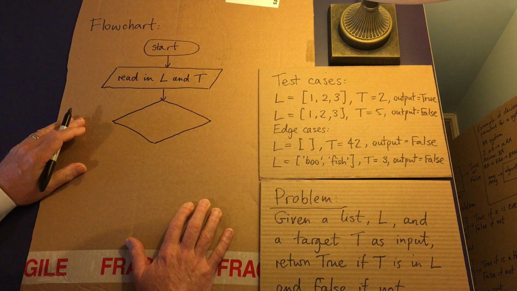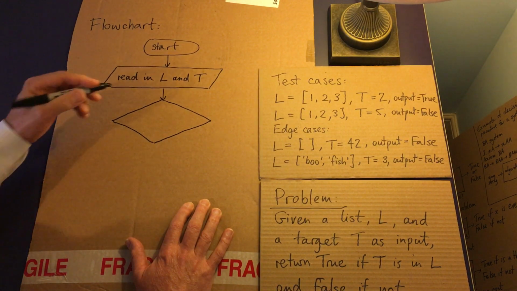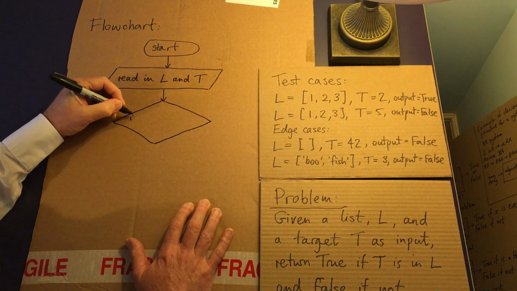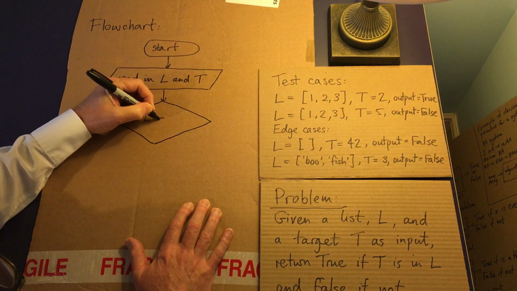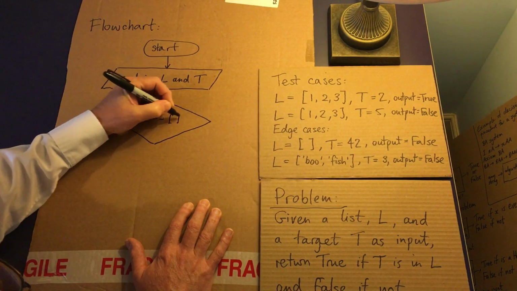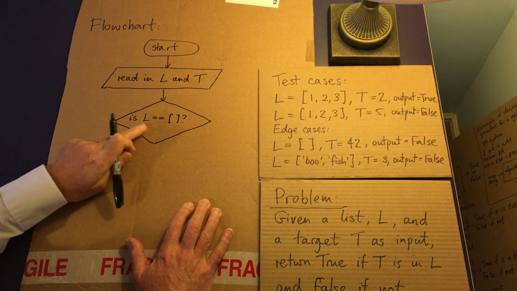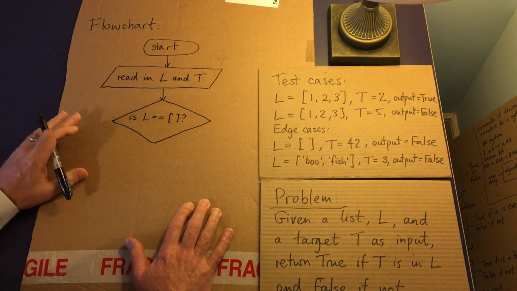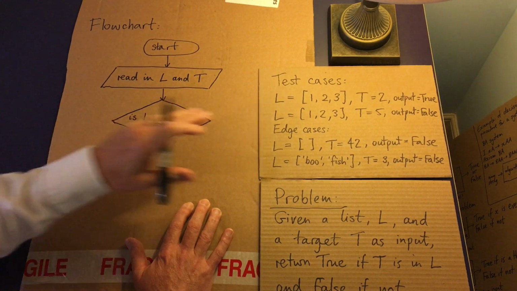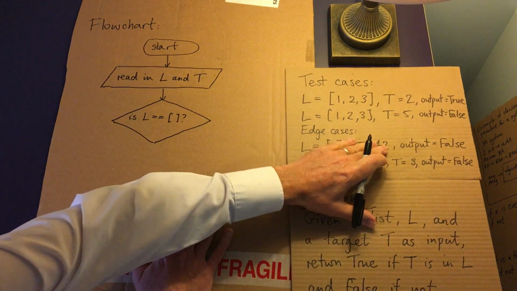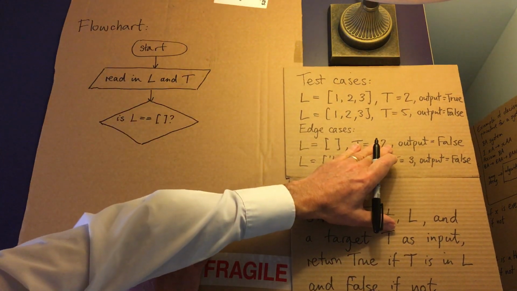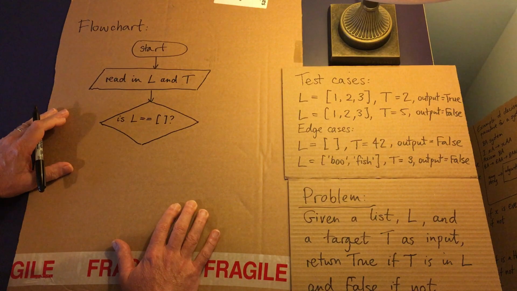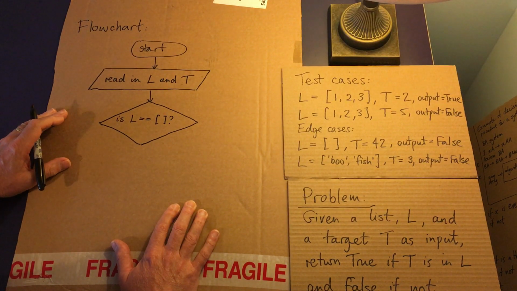And the question I'm going to have to ask first is actually, is L equal to the empty list? Or you could write here, is L the empty list? Write it in the best way that you can in order that your person will understand. If your person doesn't understand, then you're going to have to write it in a different way.